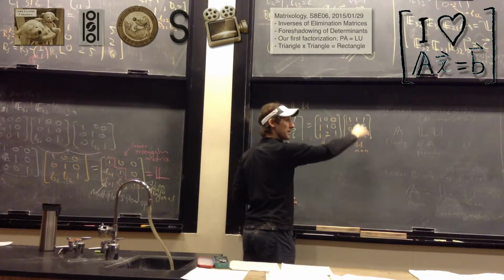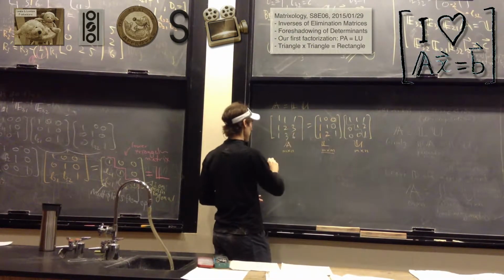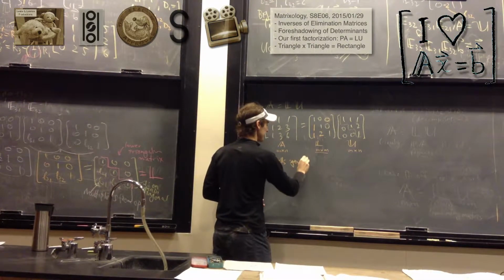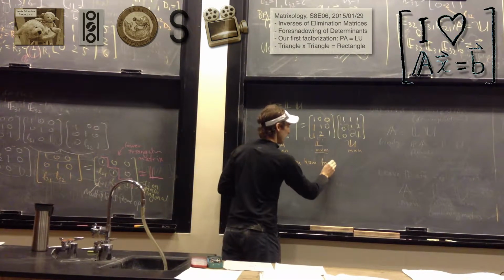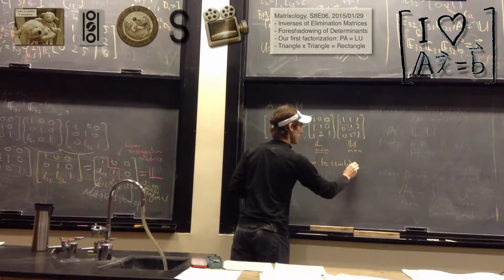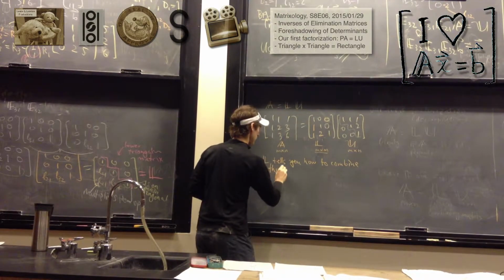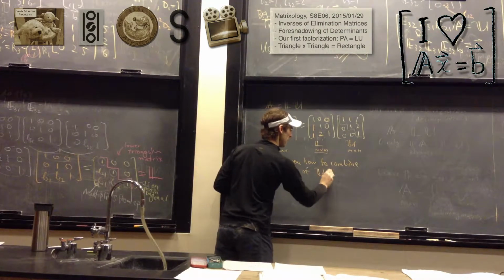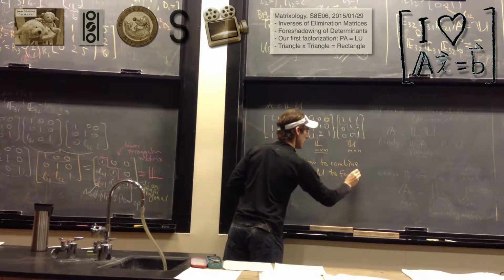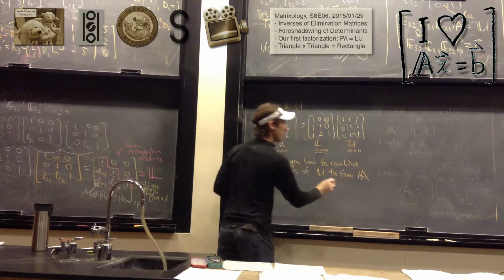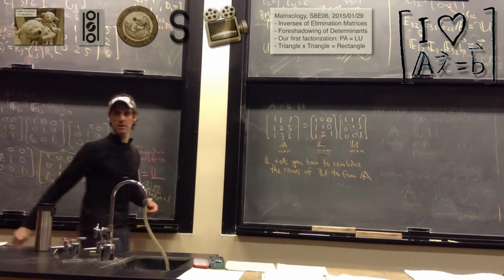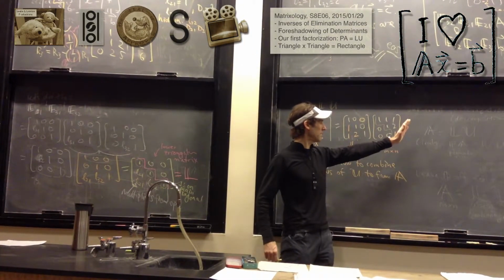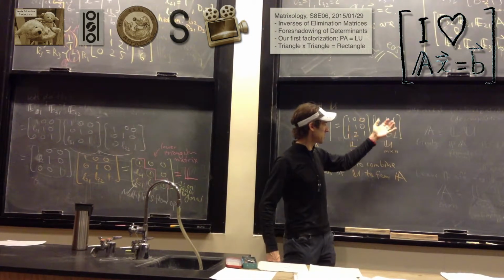It tells you how to combine the rows of U to form the rows of A. And U's rows are much simpler. They always have this upper triangular structure.